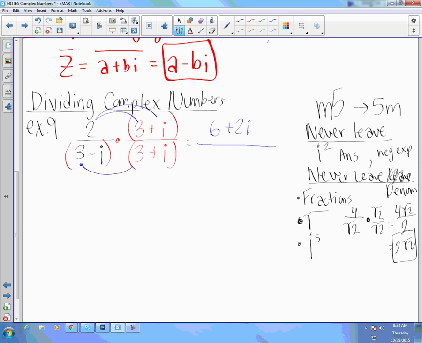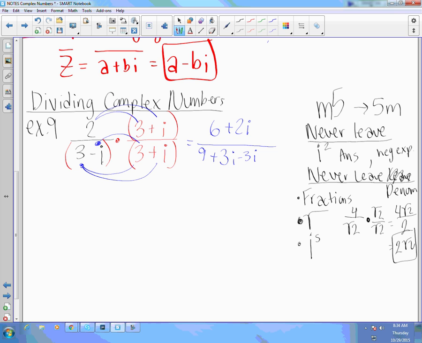3 times 3 is 9. Then 3 times i. What's 3 times i? 3i. What else do I need to multiply? Negative i times 3, which is negative 3i.